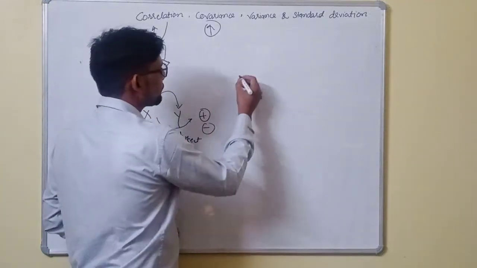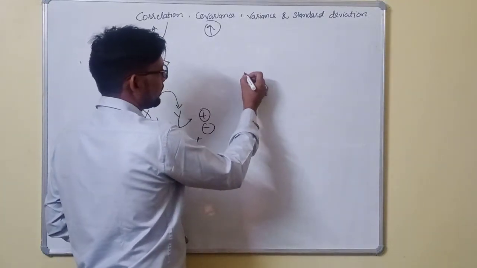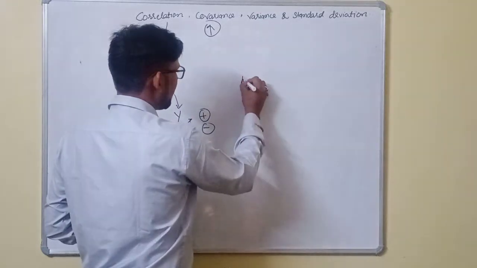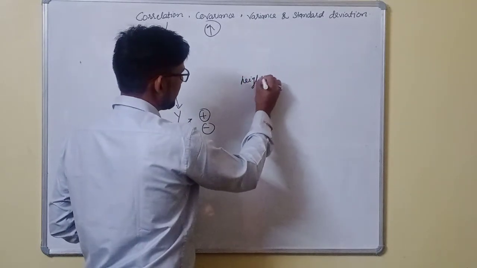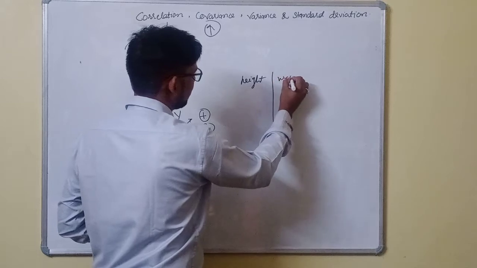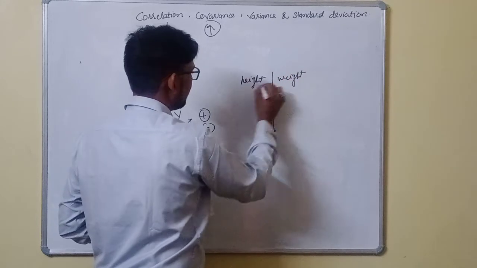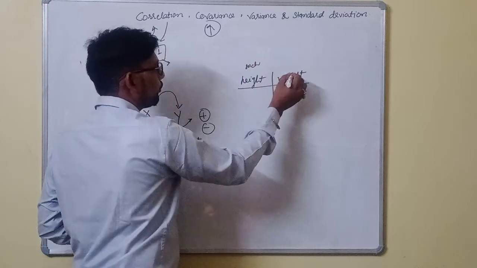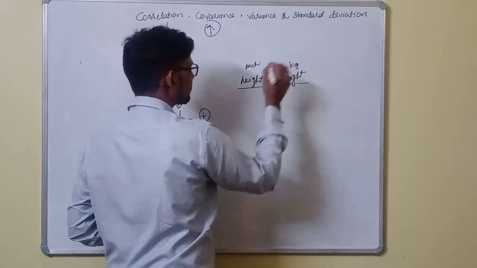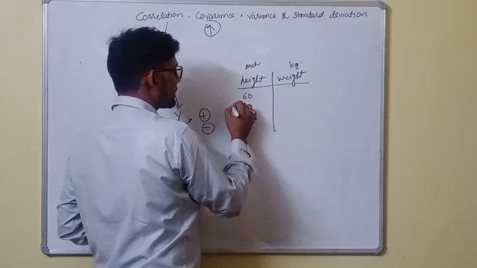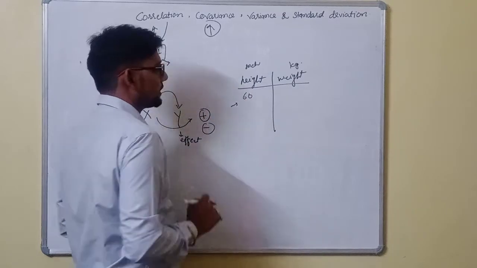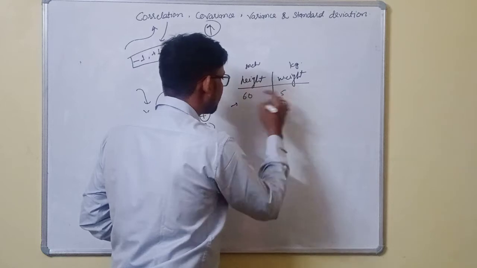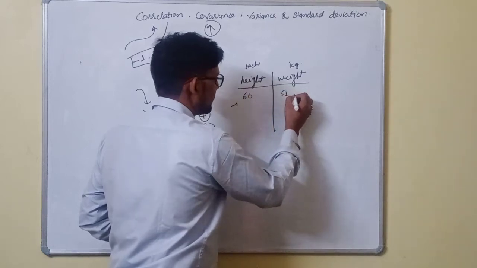So guys, suppose we have the data set of a person's features, and in features we have height and weight, right? Height is given in inches, weight is given in kg. A person with 60 inches height, which means 5 feet, the weight is 51 kg.